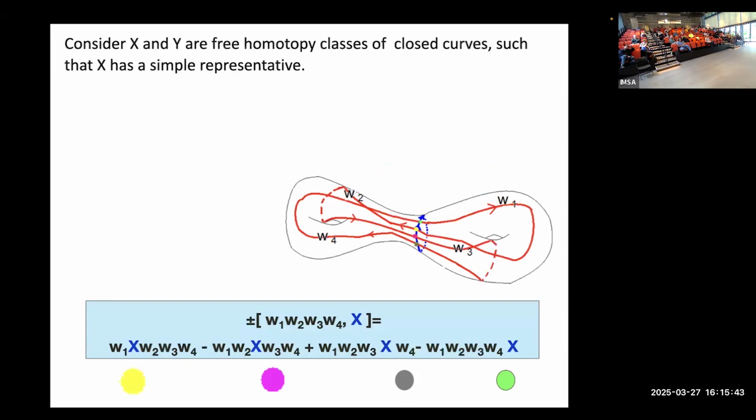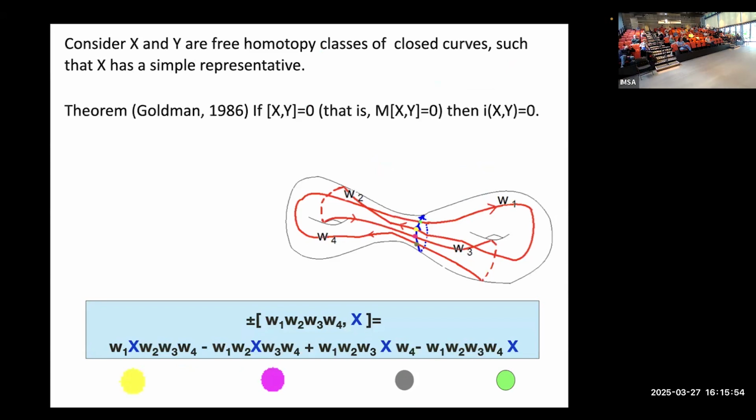Goldman did prove that if you have two classes, the bracket is 0, and one of them is simple, one of them has no self-intersection, then the classes are disjoint. So one simple, bracket 0.